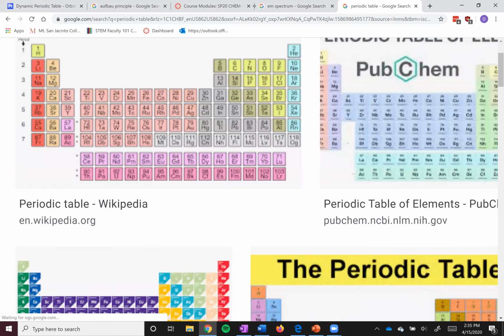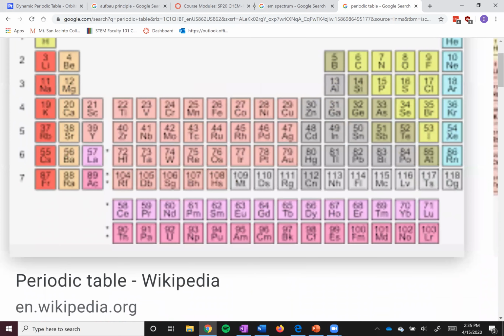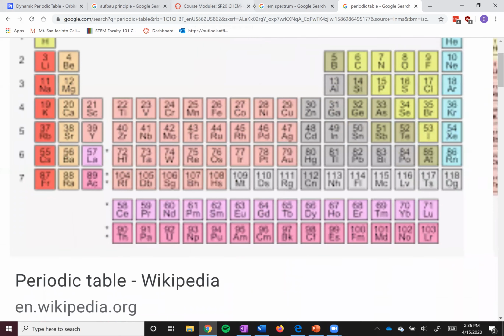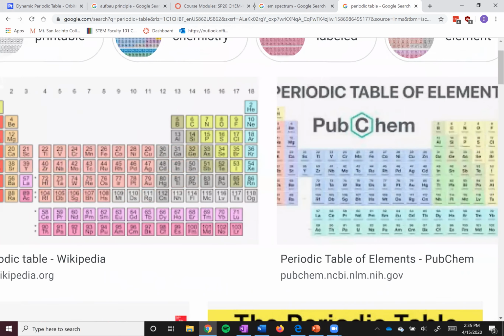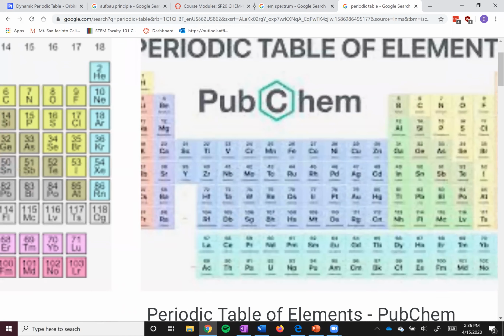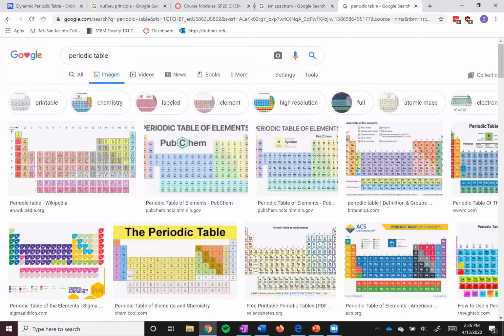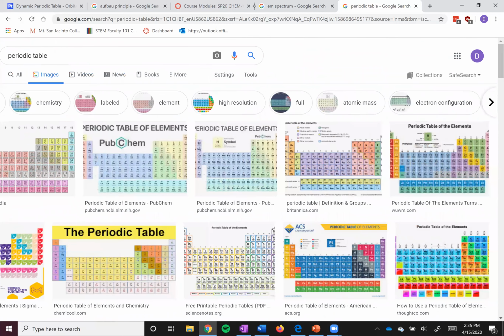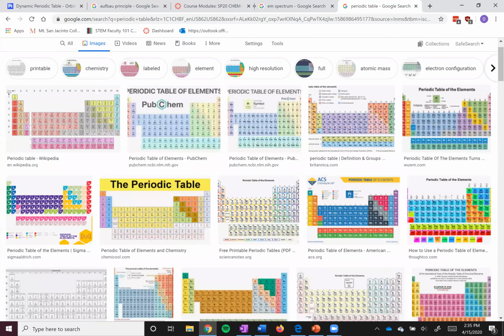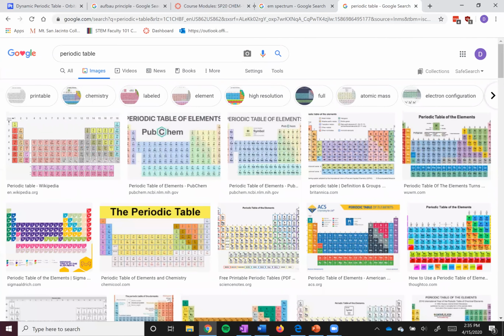Look at where the transition metals go. You'll see this periodic table puts lanthanum and actinium in that block, while our other one didn't. This one keeps that block empty, and you can have different scenarios. So if you pay close attention, periodic tables can look a little bit different from one another.